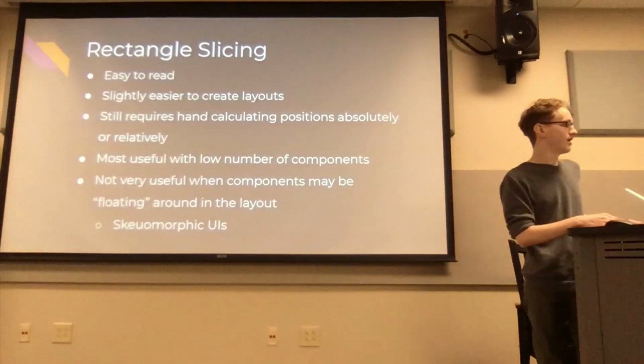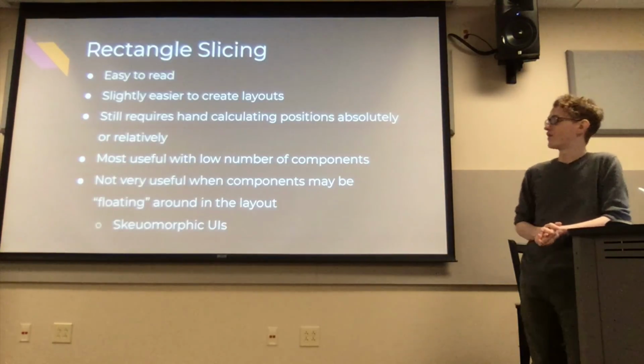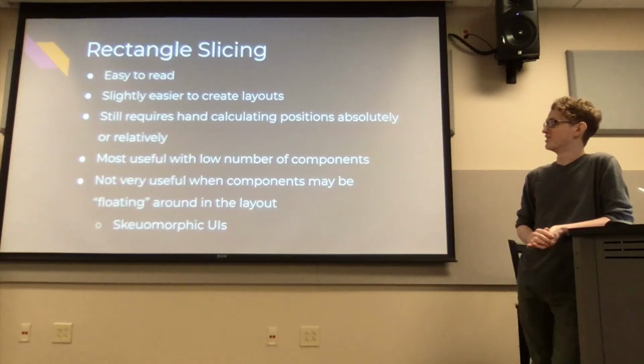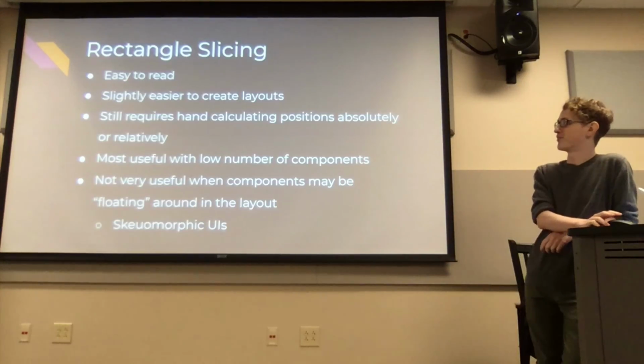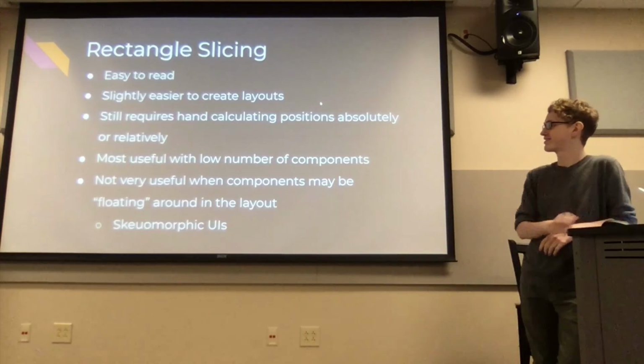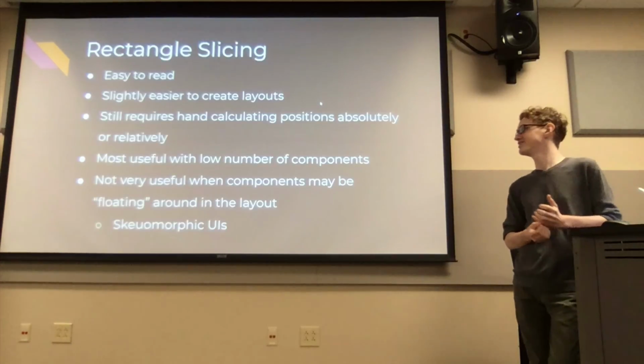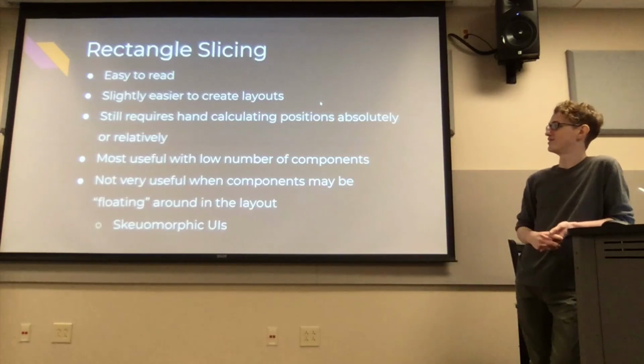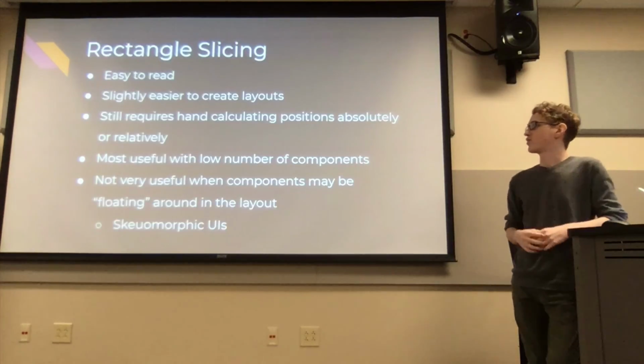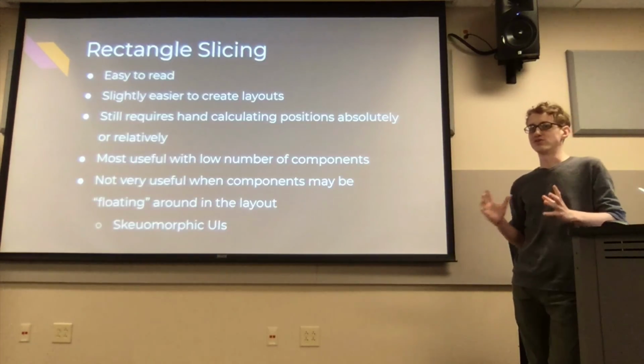So they are a lot easier. They're not slightly easier, they're way easier than absolute layouts, and even easier to deal with than the relative positioning stuff. It still kind of requires you, though, to figure out what you need ahead of time.